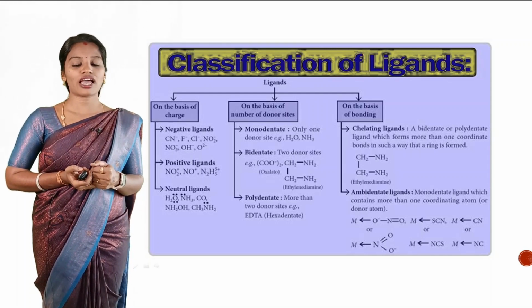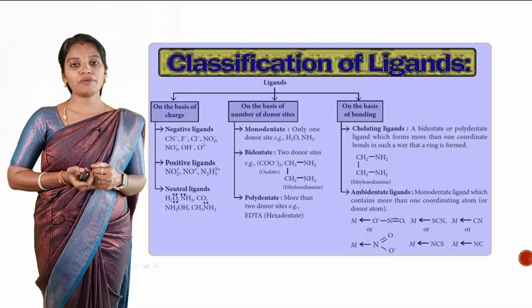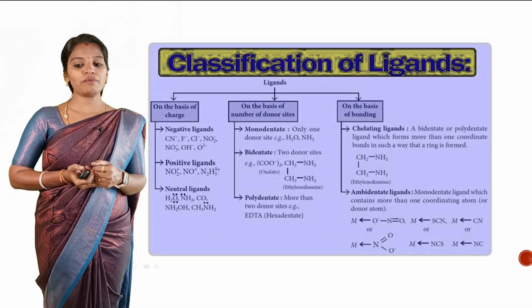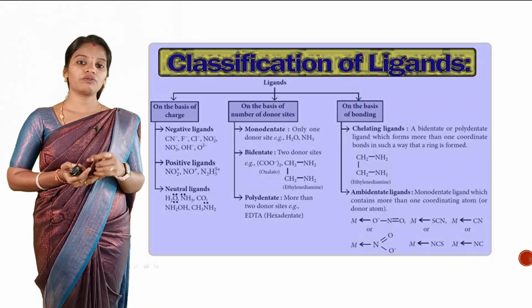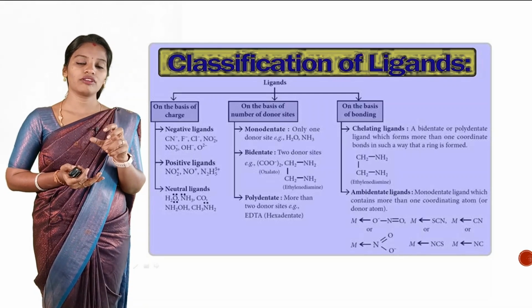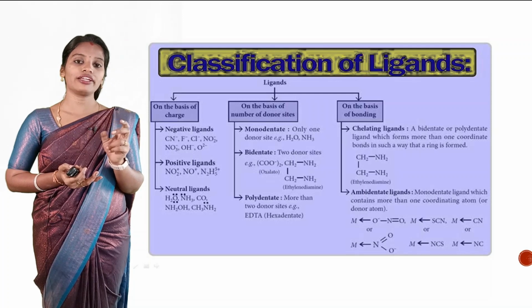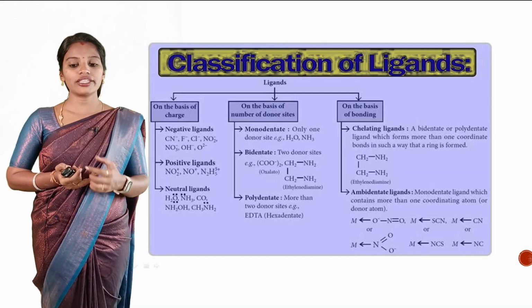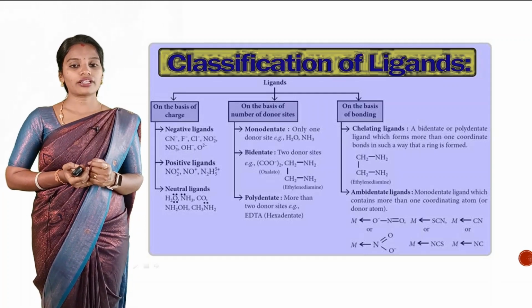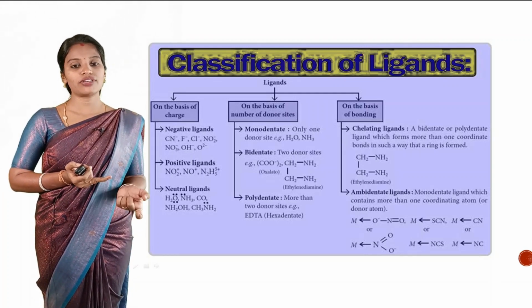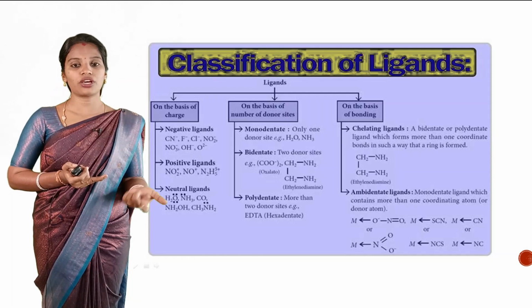And then the next one is ambidentate ligand. So an ambidentate ligand may be a monodentate ligand or bidentate ligand, but mostly it is a monodentate ligand containing two donor atoms. Let's see the example, nitro and nitrito. It contains both nitrogen as well as oxygen as donor atoms.